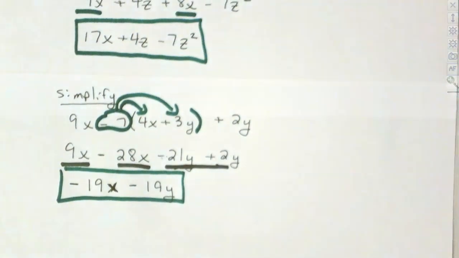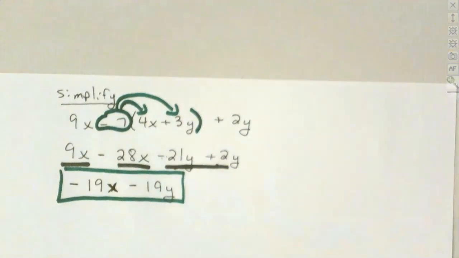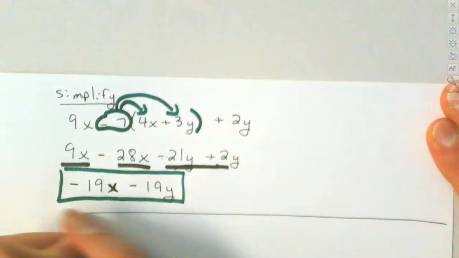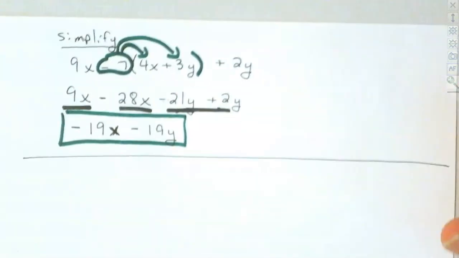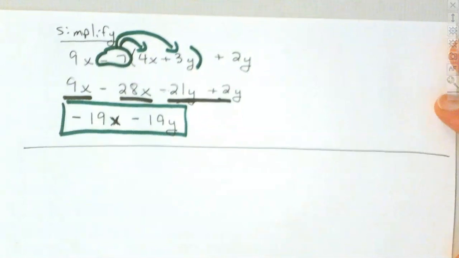Now let's work with some fractions, just so we can review these fractions again. You've seen how to do it with numbers. Now we're going to do a couple of these with the fractions.